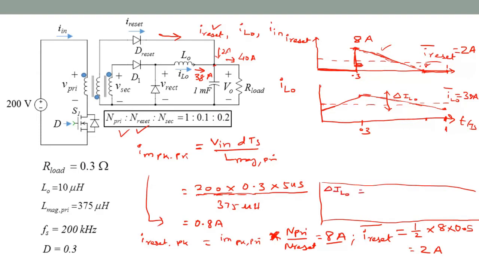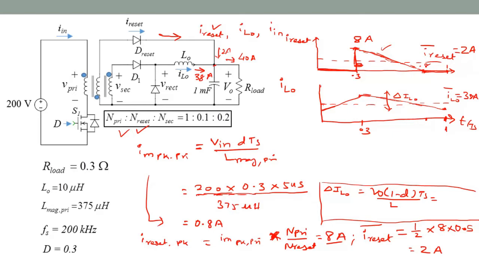This, being a forward converter, which is similar to a buck, has a peak to peak ripple of Vo times (1 minus D) Ts over L. Even if you don't consider this as a known converter, if you want to treat it as something that we're not seeing, then you can see the inductor voltage is minus V out during the off interval for the entire (1 minus D) Ts period. Therefore, the peak to peak current is the volt seconds divided by L. Volt seconds is Vo times the duration (1 minus D) Ts. So Vo (1 minus D) Ts divided by L is the peak to peak ripple.